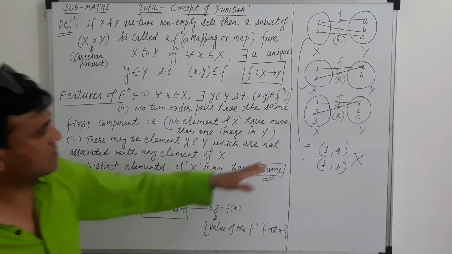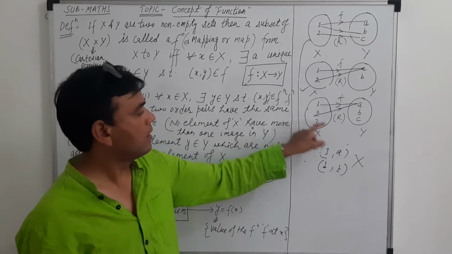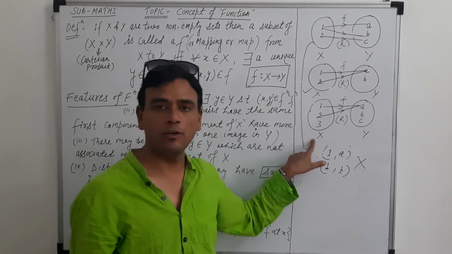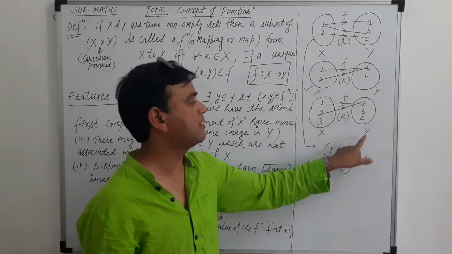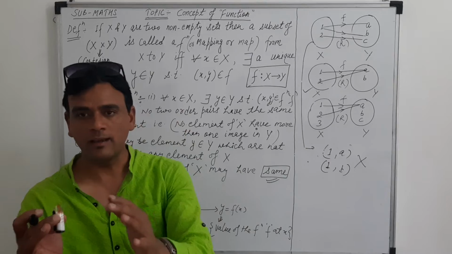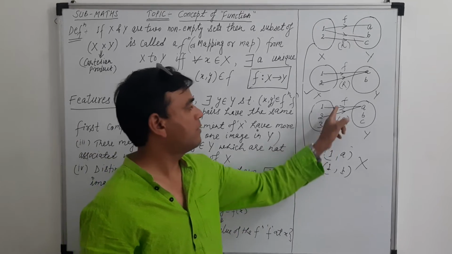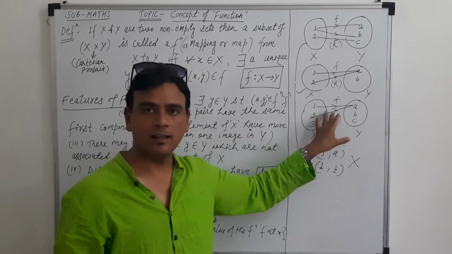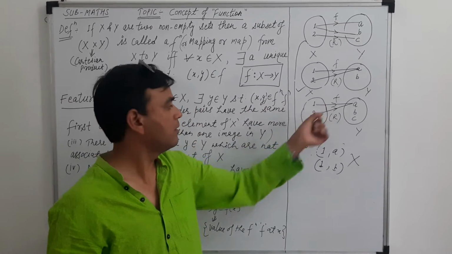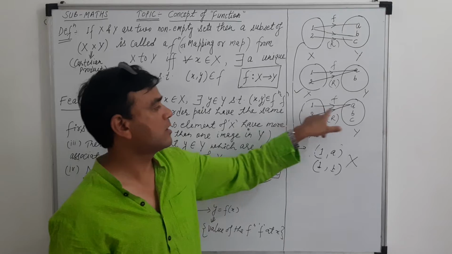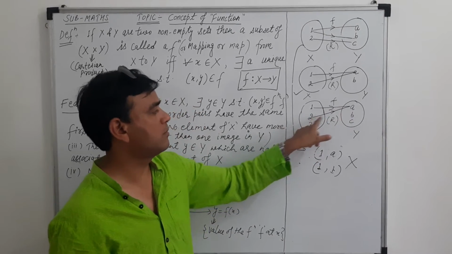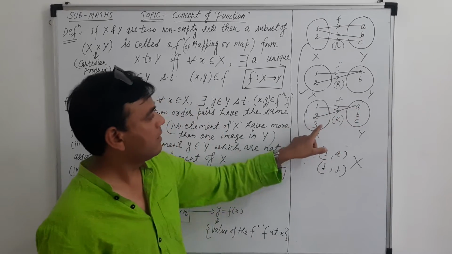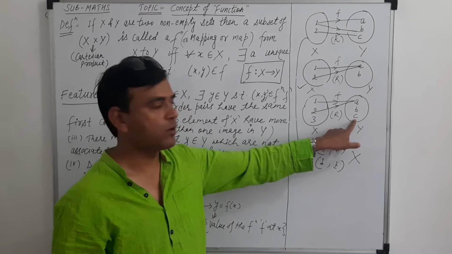Now have a look at the third figure. 1, 2, 3 are the elements of X and a, b, c are the elements of Y. We have to check whether this relation is a function. Yes, this is a relation, but we have to check for function. 1 is associated with a, 2 is associated with a, and b and c are left here, no problem.